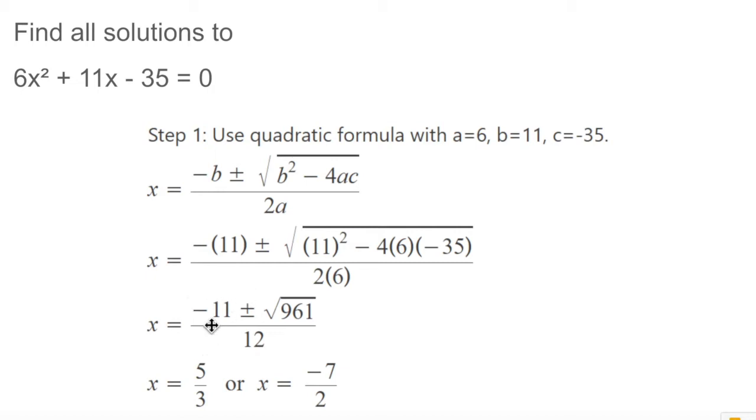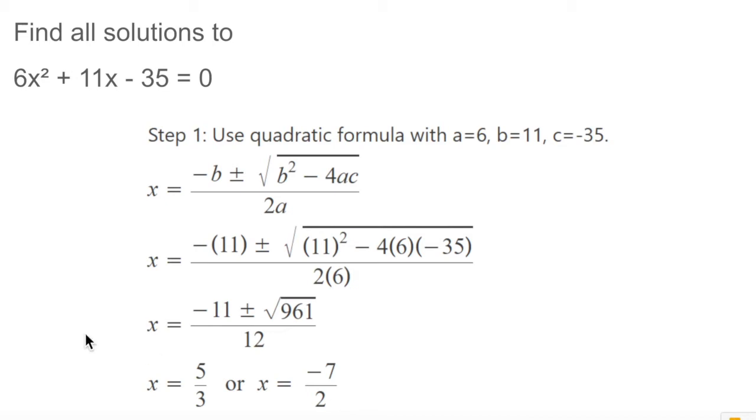We solve this square root using a calculator because it's not going to come out to an even square in most cases. Negative 11 plus what that square root works out to, and negative 11 minus what that square root works out to, and divide by 12. That's going to give us, in most cases, 2 different solutions for x. And here we get 5/3 and negative 7/2.